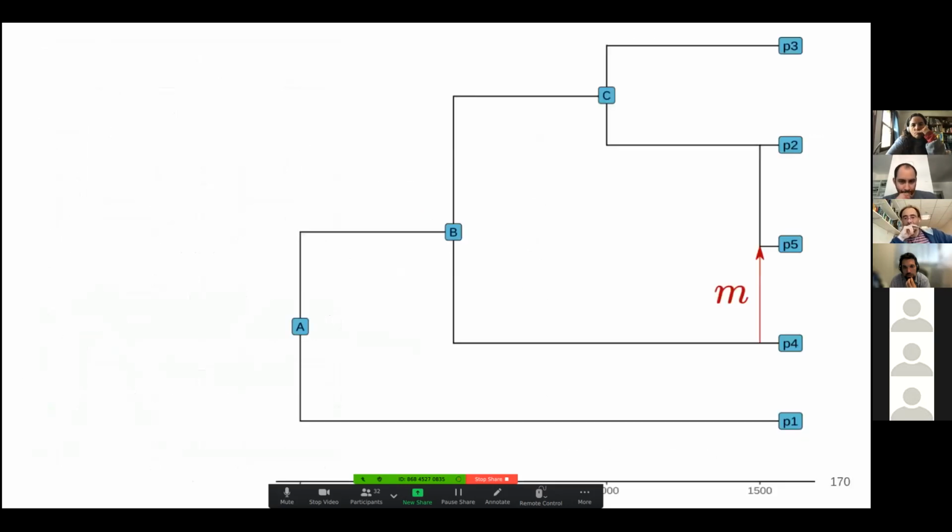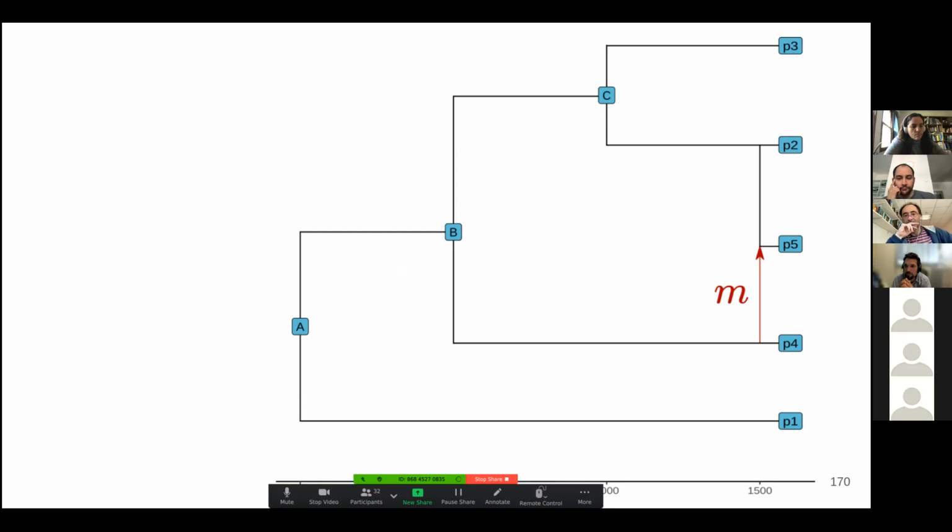Yeah, here. So we can see that you're asking for the case where M here is 0.7. In this case, P5, when constructing a tree, would be put with P4 at first.